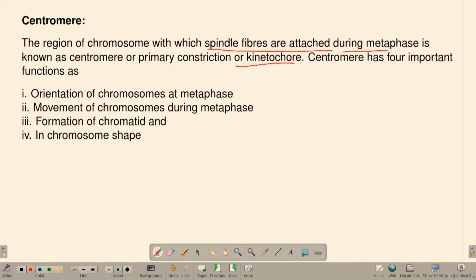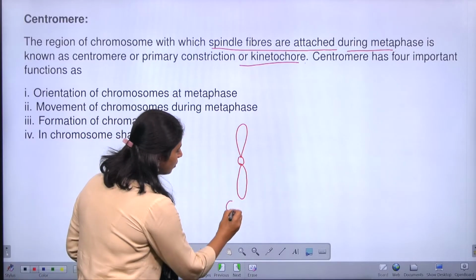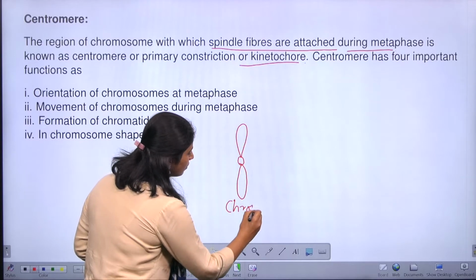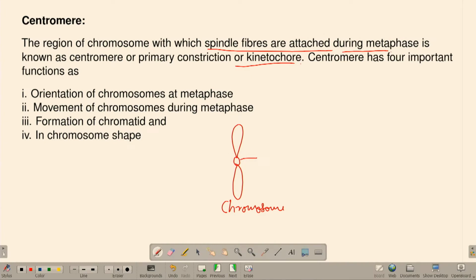Okay, now let's see what a chromosome is. If I draw like this, what is this? This is a chromosome, and this is the centromere.